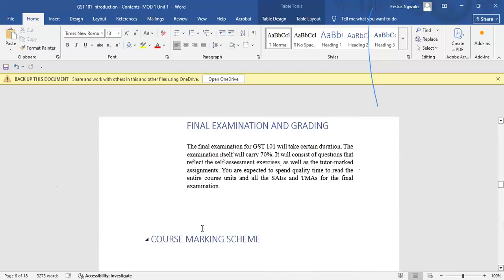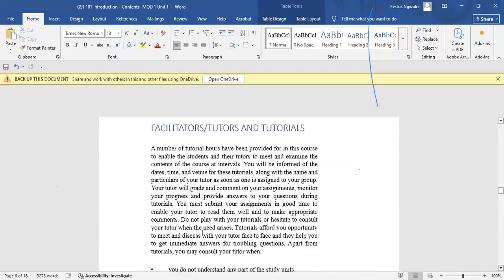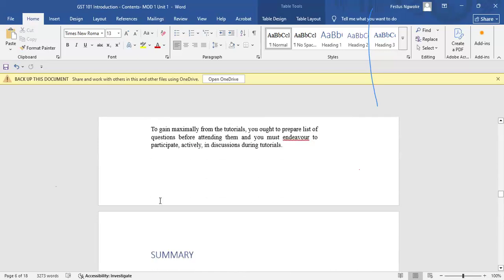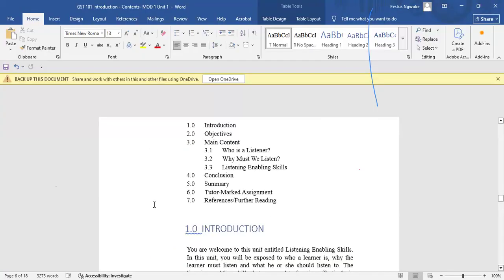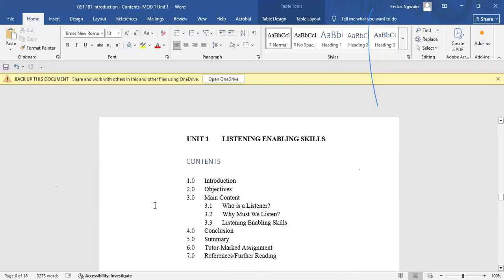Listening enabling skills. Before we go to the listening enabling skills, the first question we ask ourselves in the introduction is, who is a listener? By what I have explained, I want to believe that you already know who a listener is.